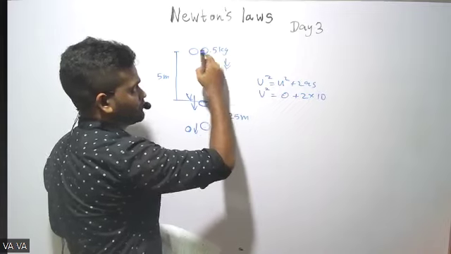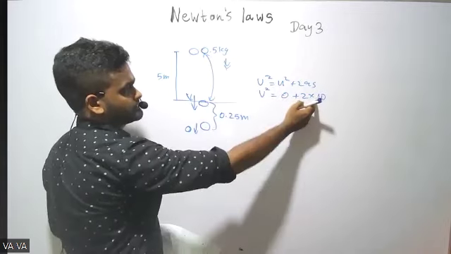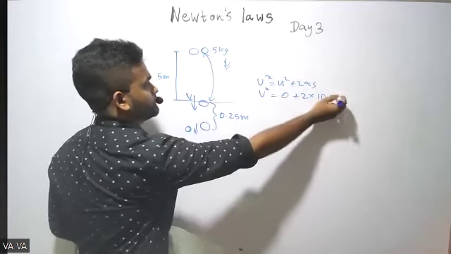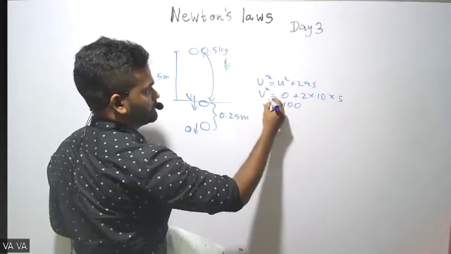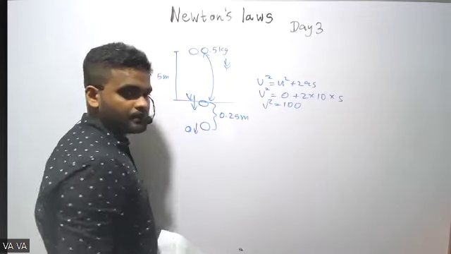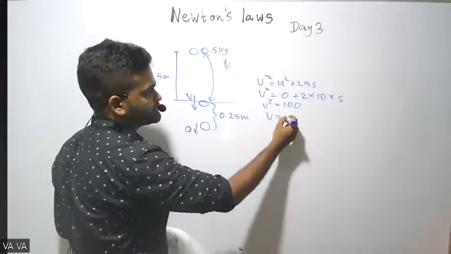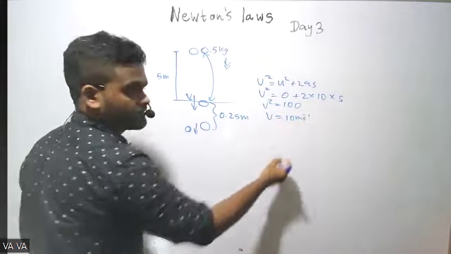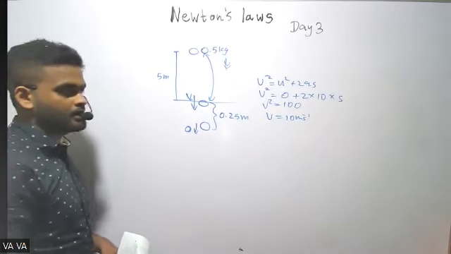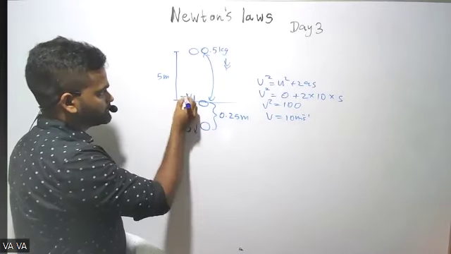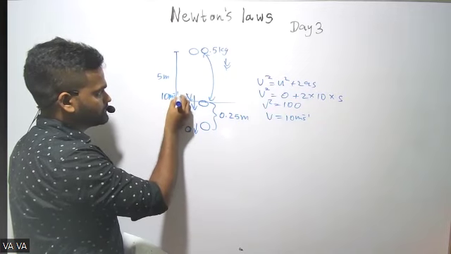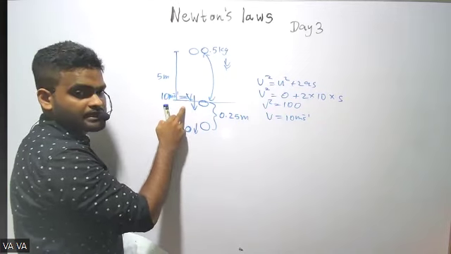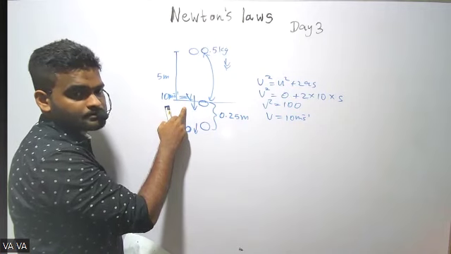Because this falls under gravity. Acceleration 10, height is 5. So this is 100. V squared equals 100. Then V equals 10. So we found this velocity to be 10 meters per second. That is the velocity it hits the ground.